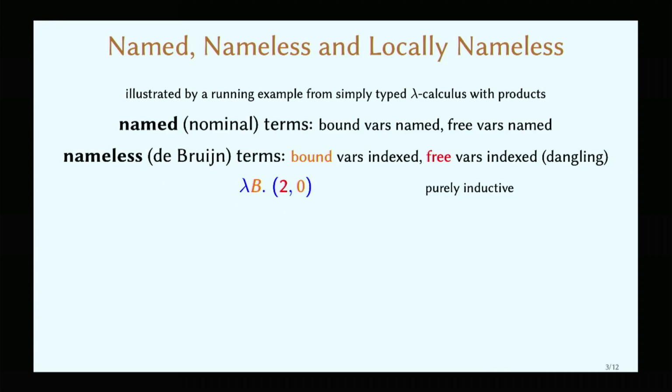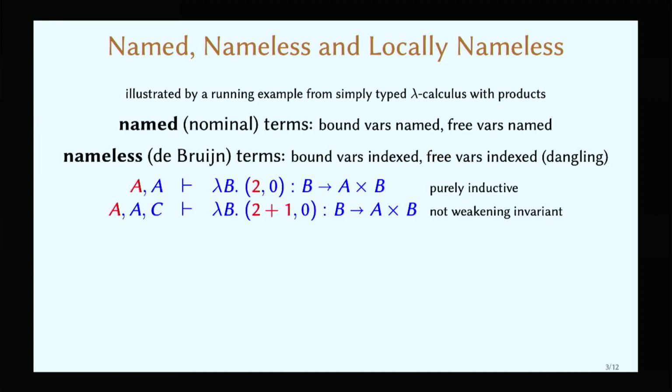The bound variable has become index 0 because it's 0 places away from where it's bound. And here this free variable is replaced by this number 2, which is a dangling De Bruijn index. So it's referring to a binding 3 places out, but there's only one binder in this term, so that's free. Well, we've got back to something which is purely inductive as a representation. So we're hitting alpha equivalence classes exactly on the nose like this. But the bad thing is that we've lost weakening.